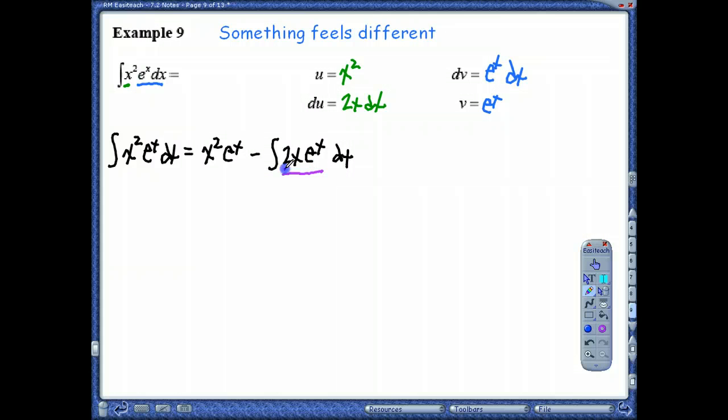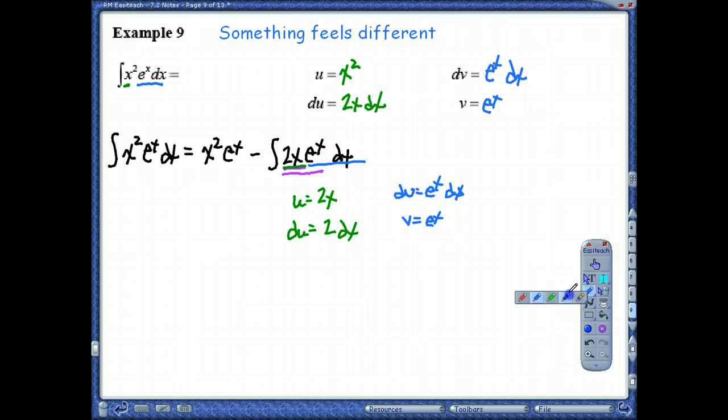I'm still going to choose the guy that gets smaller to be my u. So u is going to be 2x, which means du is going to be 2 dx. My dv is going to be e to the x dx again, which means v is going to be e to the x again.